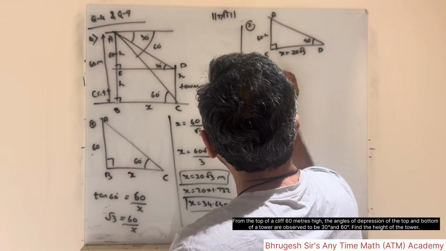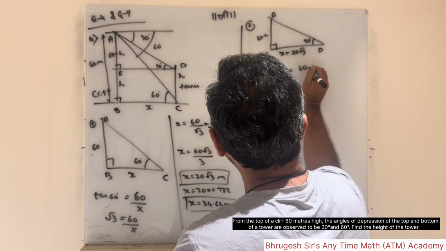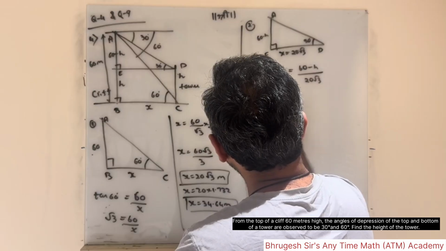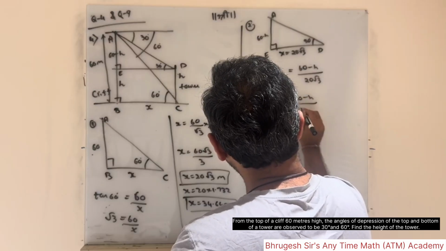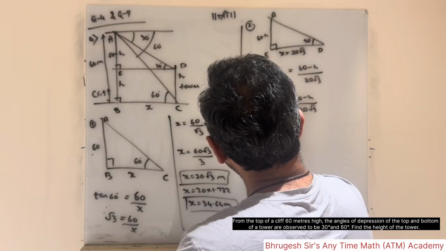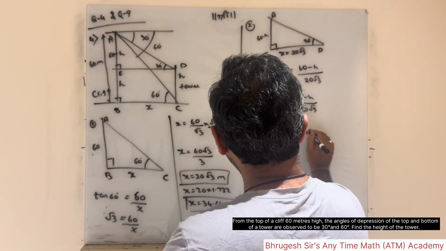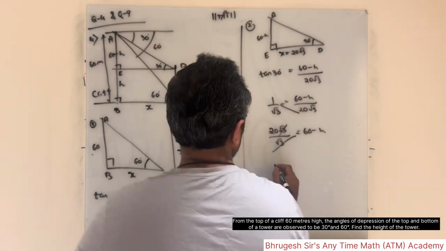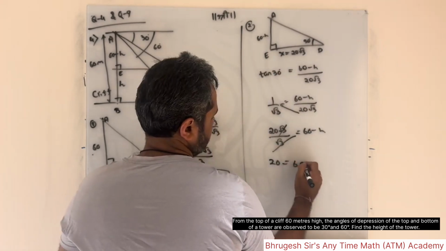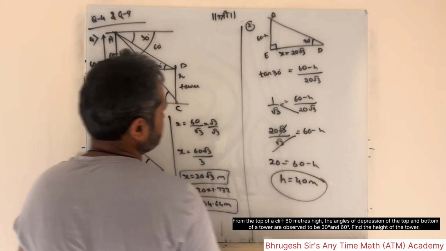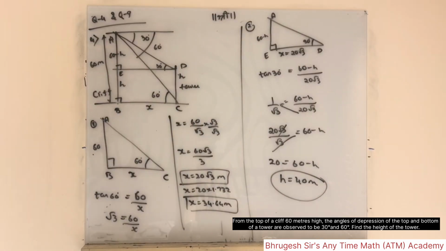So tan of 30 degrees is 60 minus h upon 20 root 3. 1 by root 3 is equal to 60 minus h upon 20 root 3. ये इधर चला जाएगा. So 20 root 3 upon root 3 is equal to 60 minus h बेटा. So 20 is equal to 60 minus h. So h is 40 meters. So the height of the tower is 40 meters.